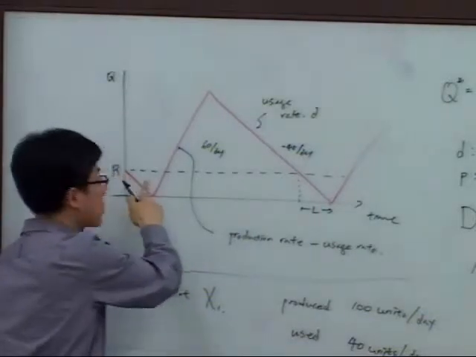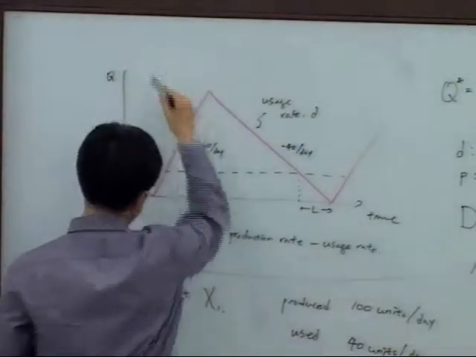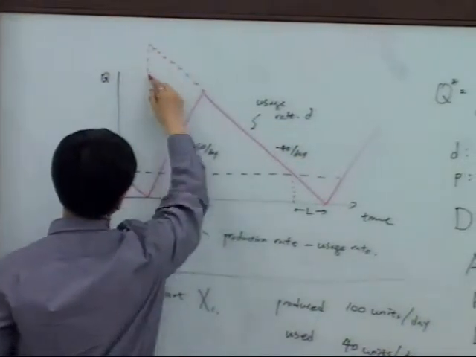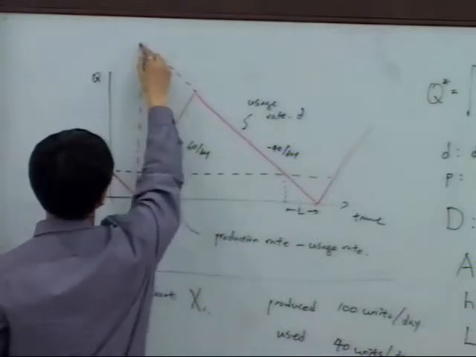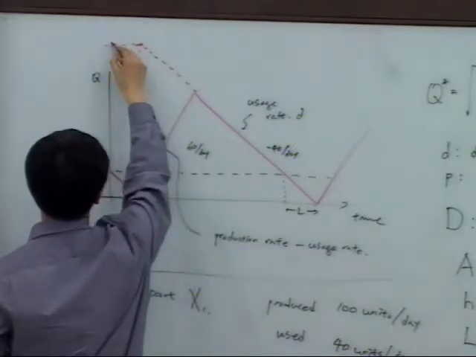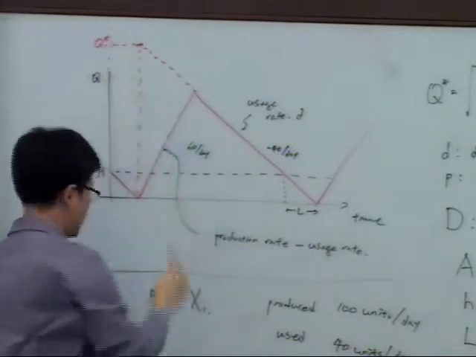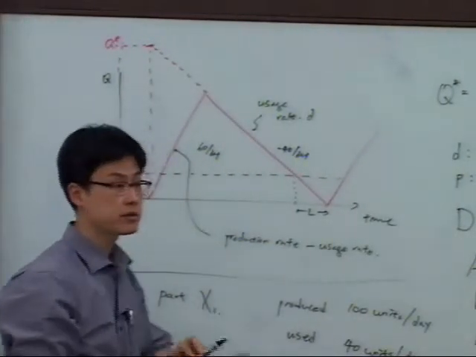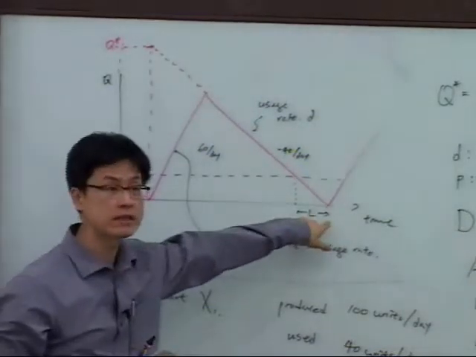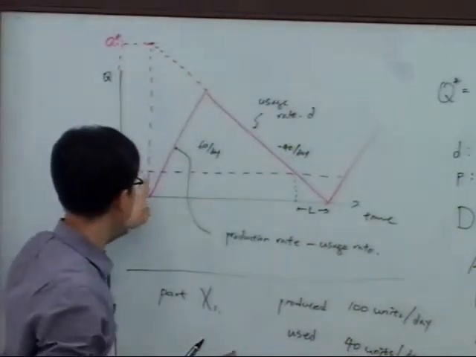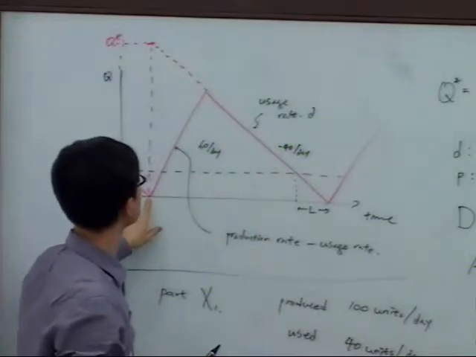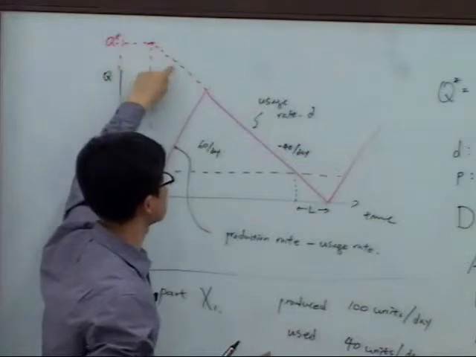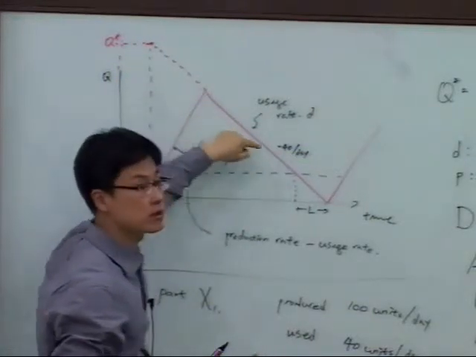At this reorder point, if this delivery is instantaneous, which means there is no lead time, if we put a reorder here, then instantly Q star will arrive, and then this inventory is consumed by this daily usage rate like this.